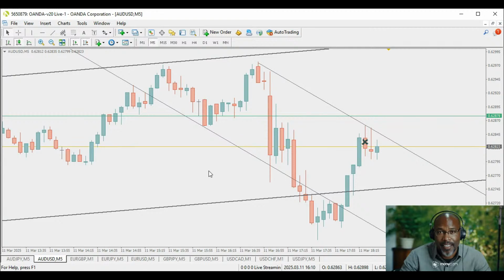Considering whether to sell the Aussie dollar, US dollar, but the rate is not falling with enough conviction.